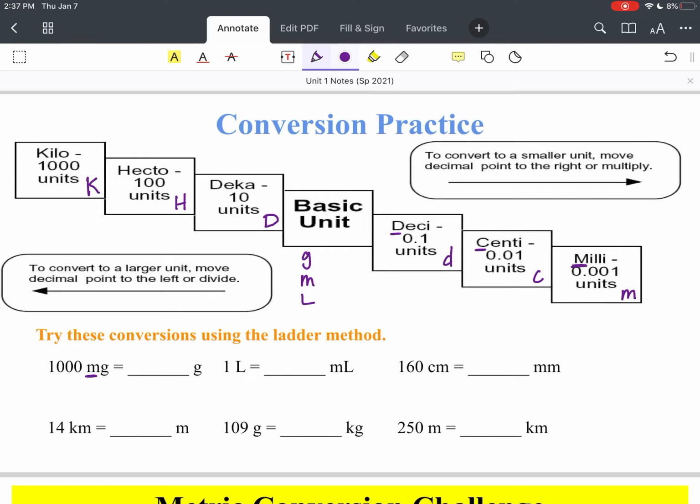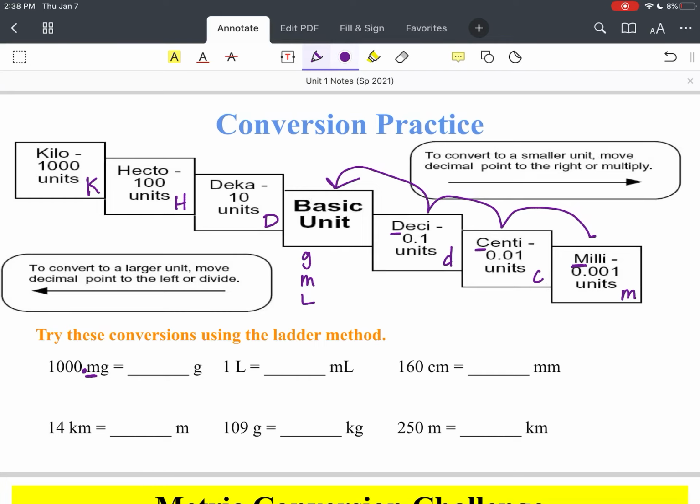The first thing I'm going to do is find out where my decimal point is. In this number, my decimal point, remember, is at the end. If you can't see it, it's always at the end because you have a whole number. So if I'm starting at milli and trying to go to grams, I'm going to count how many steps it takes me to get there. 1, 2, 3, because here's my grams. It took me 3 steps.